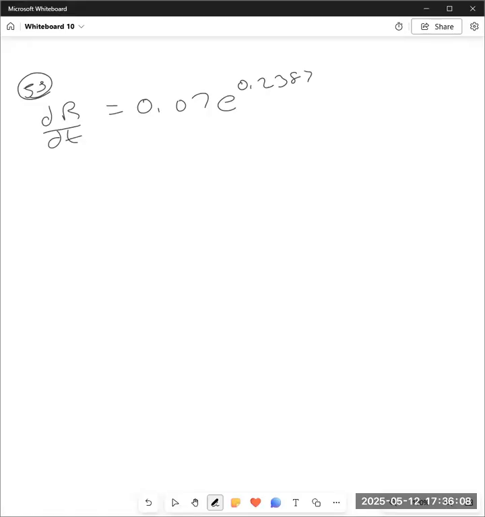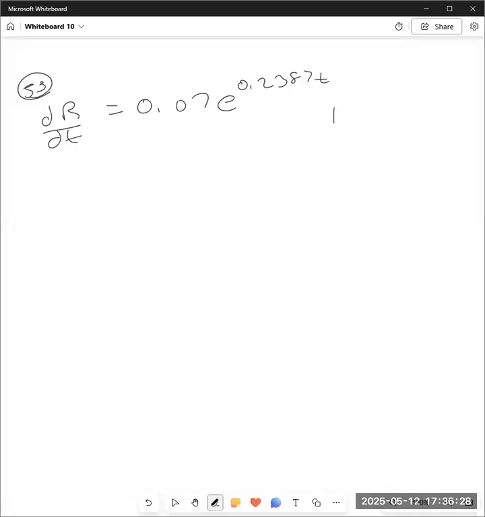We're told that t is the number of years after the year 2000. So 2004 would be represented by t equals 4. 2013 would be represented by t equals 13.